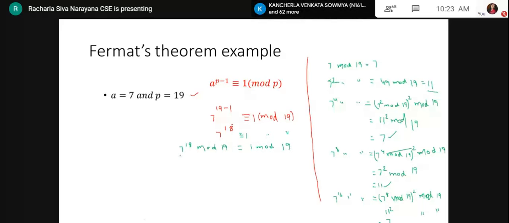Now, 7 power 18 can be written as 7 power 16 into 7 square mod 19.